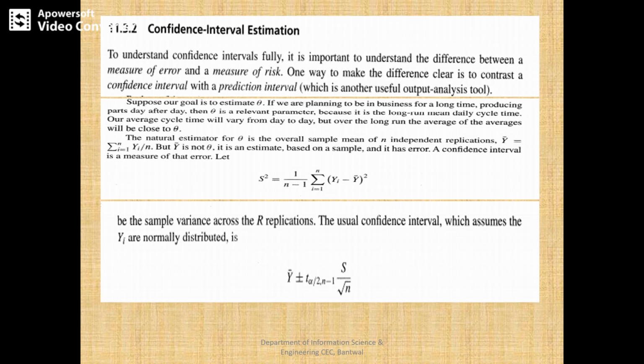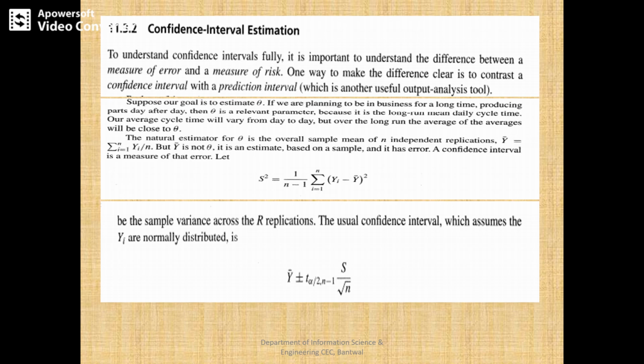In fact, in the limit it becomes theta plus or minus z alpha by 2 times sigma, the standard deviation, reflecting the fact that no matter how much we simulate, our daily average cycle time still varies.